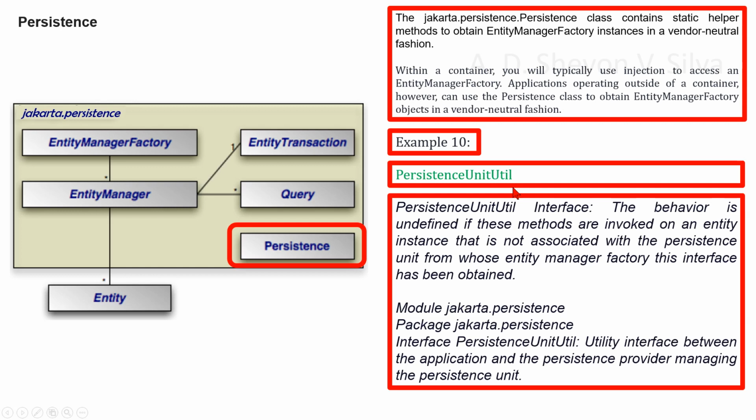The PersistenceUnitUtil interface provides access to utility methods that can be invoked on entities associated with the persistence unit. The interface PersistenceUnitUtil in package jakarta.persistence in module jakarta.persistence. Utility interface between the application and the persistence provider managing the persistence unit.